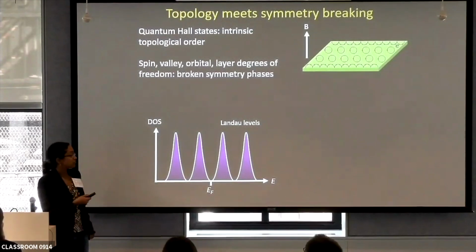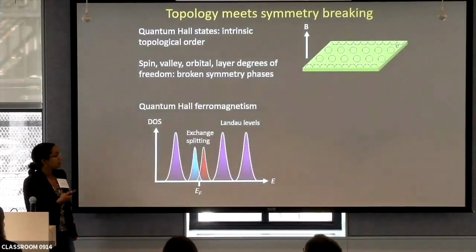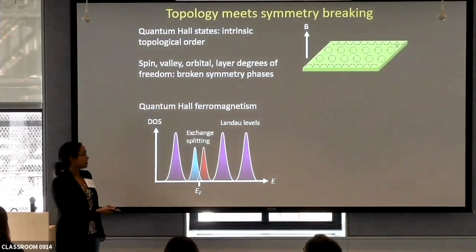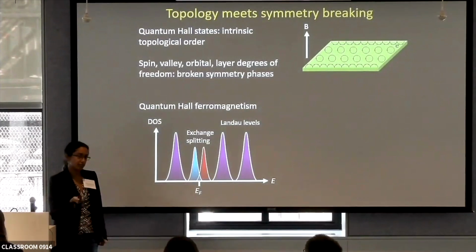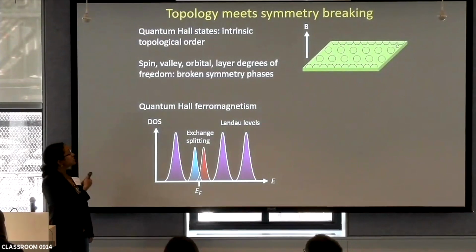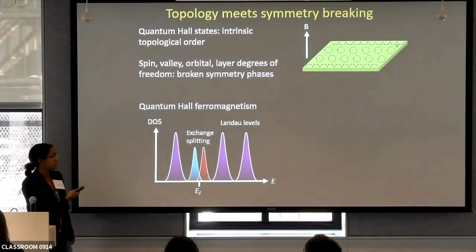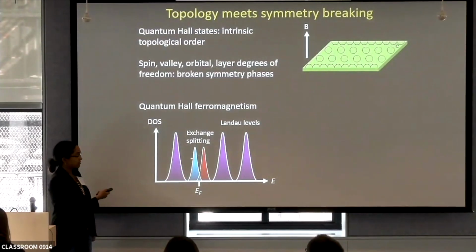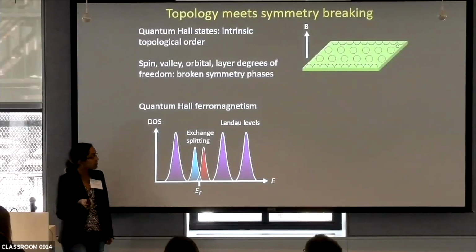And so when a Landau level is then partially filled, what can occur is this quantum Hall ferromagnetism behavior, as it's called, but essentially Coulomb interactions make it energetically favorable to lift one of these degrees of freedom and lift that degeneracy and open up this gap, this exchange splitting right around the Fermi level. And so this is purely an interaction-driven gap that occurs only when the Landau level is partially filled.